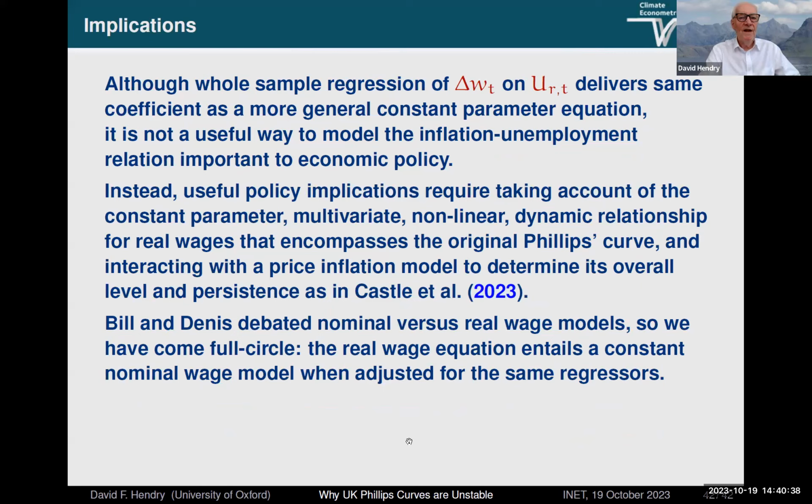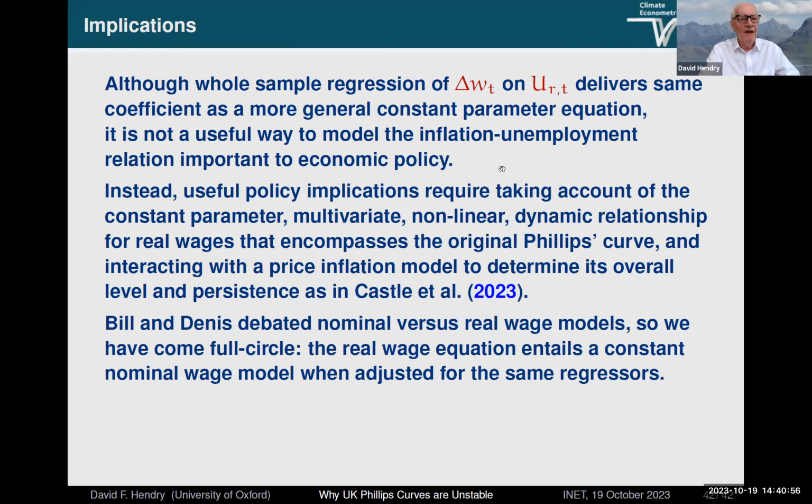Now, of course, in some sense, this is an exercise in economic history, because although the whole sample regression of delta WR delivers the same coefficient as a more general constant parameter equation, it's not a useful way to model the inflation-unemployment relation important to economic policy.